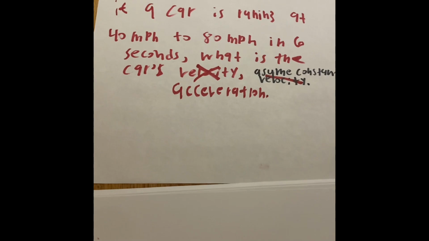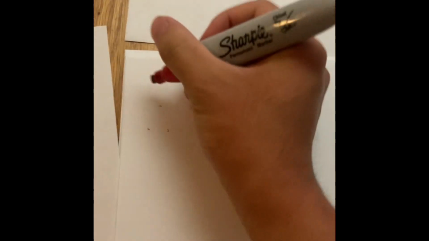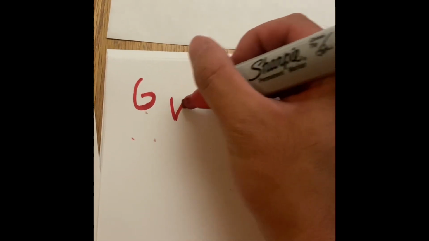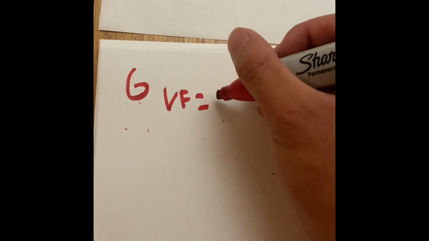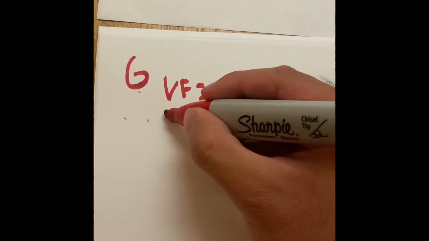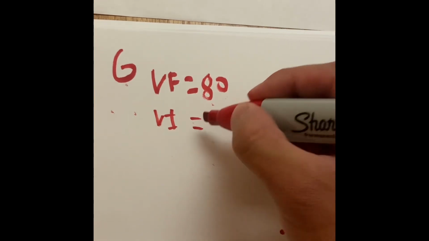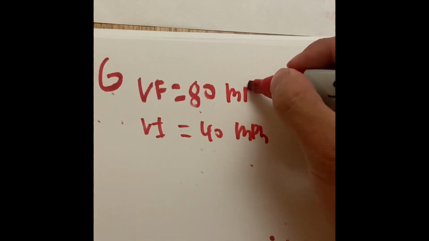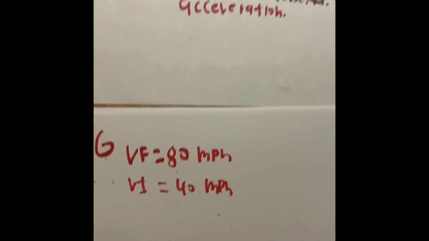Let's get to our givens. For our givens, we already understand that a car is going from 40 miles per hour to 80 miles per hour. So our VF is going to equal 80 miles per hour, and our VI is going to equal 40 miles per hour. And here's the other part.